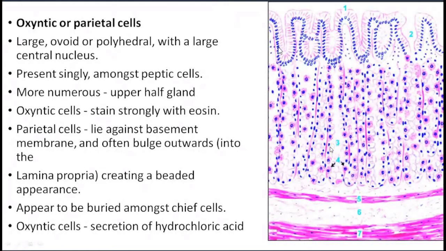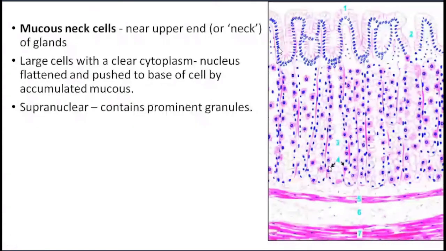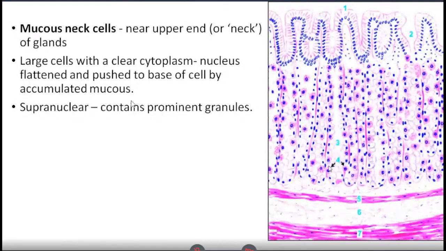Now there is another type of cell, that is the mucous neck cell. So near the upper end of the gland, यहाँ पे आपको other type of cells मिलेंगे, that are called the mucous neck cells, mostly near the upper end or you can say neck of the gland. So these are the large cells with clear cytoplasm.